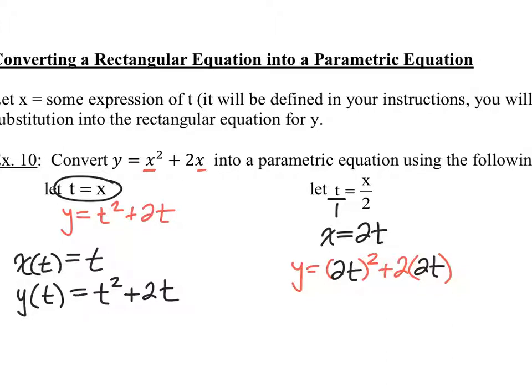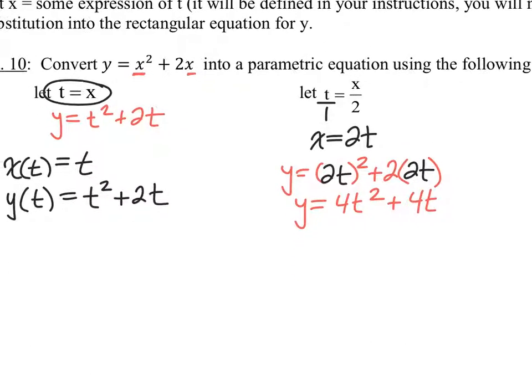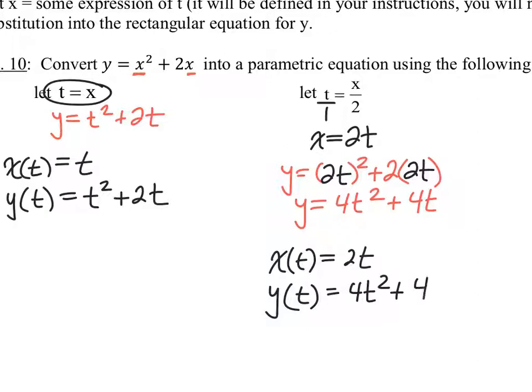Doesn't say and simplify, then there's no need to, but I'm going to do it. So 4t squared plus 4t. And so just to get it in the appropriate form, we're going to rewrite x of t is equal to 2t. Y of t is equal to 4t squared plus 4t.